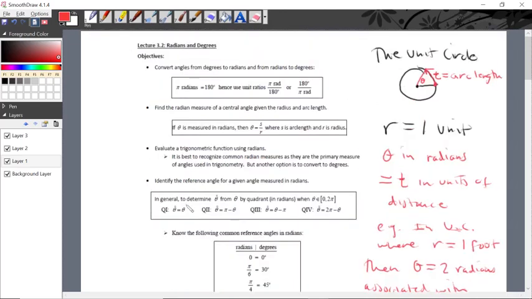Okay. And for reference angle, we talked about reference angle recently. Well, we dealt with reference angle, for example, when theta was between 0 and 360 degrees. Then we looked at what if theta was negative and what if theta was more than 360 degrees. Okay.